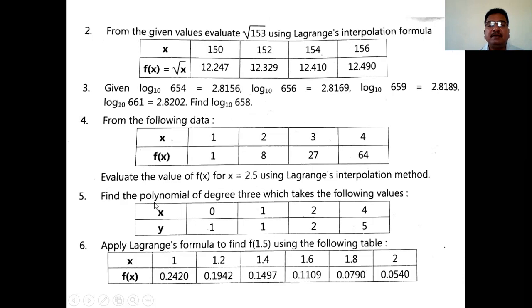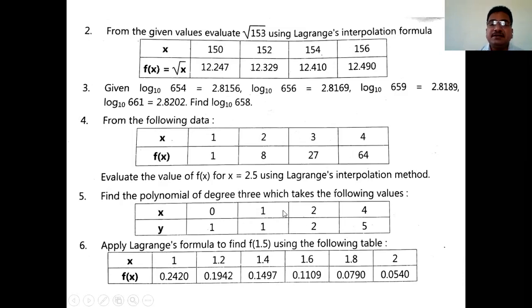Then find a polynomial of degree 3 which fits this data. Similar to Newton's forward and backward, we can find a polynomial for the data. So what is x naught? x naught is this, x1 is this, x2 is this, x3 is this, and then write Lagrange's interpolation formula and only leave x as x, because the problem is of finding a polynomial of degree 3 that fits this data.